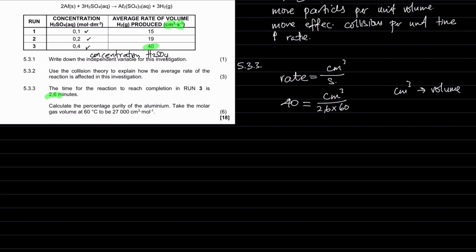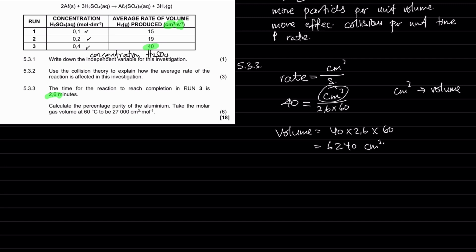Now we can calculate the volume. The volume is equal to 40 times 2.6 times 60, and that is equal to 6,240 cm cubed.